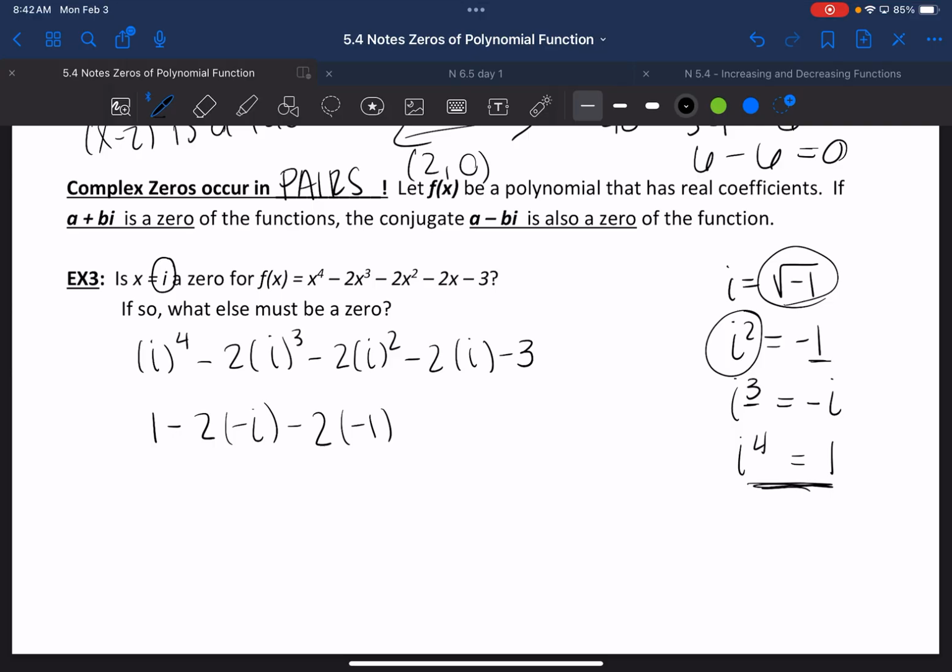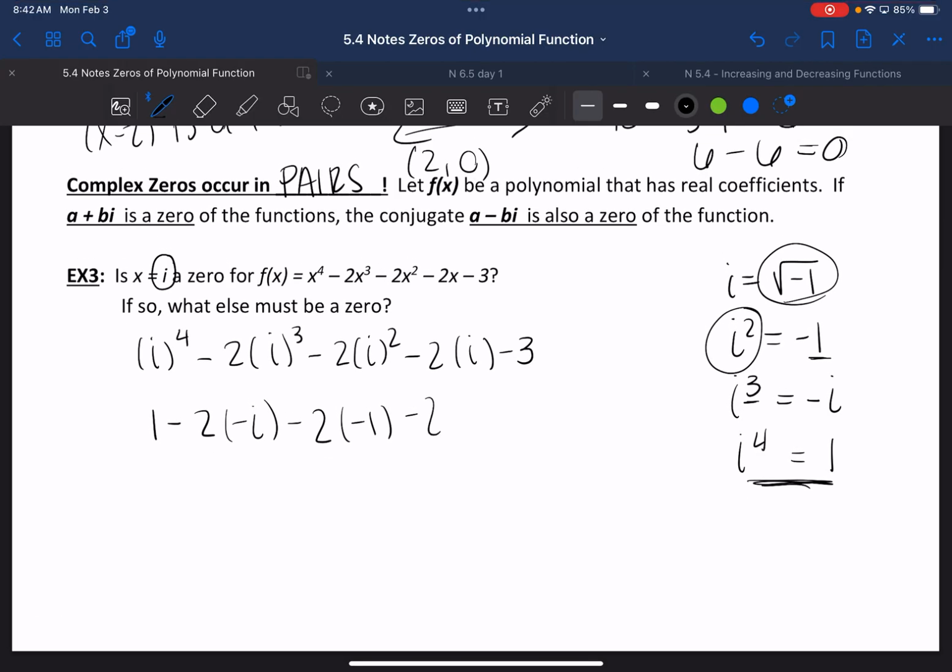Minus 2 times i minus 3. All right, so let's simplify what we've got here. So we've got 1 minus, we've got 2i times -i, which becomes positive 2i, right, when I multiply right here.